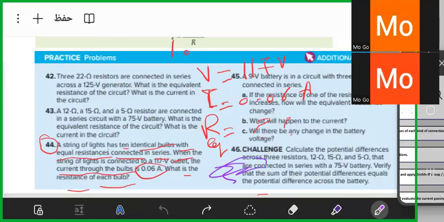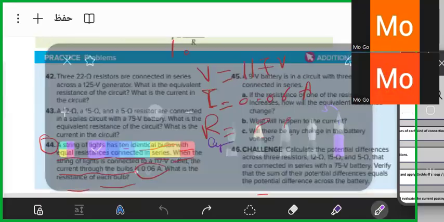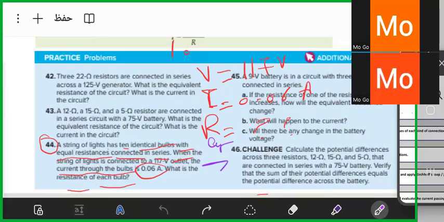So R equals V over I. V is 117 over 0.06.